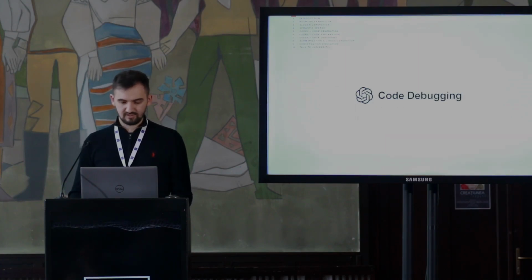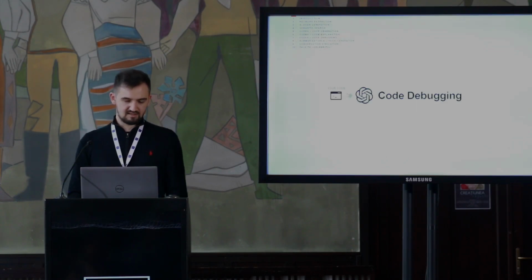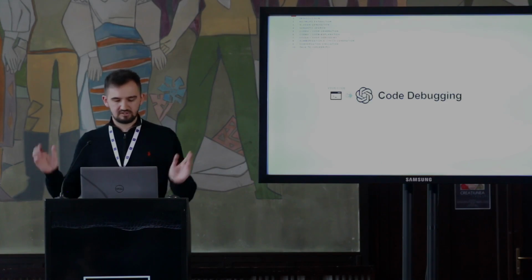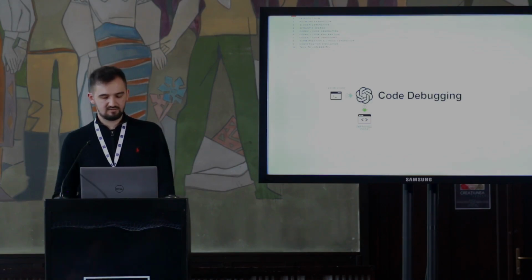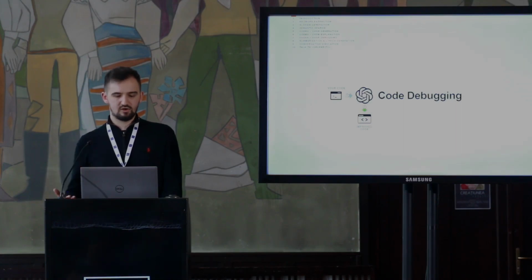Finally, for Codex, we have code debugging. I think it's pretty straightforward. Let's say we have some source code that is buggy and we cannot find the mistake in our code. We can input that specific code into Codex, and it will generate the corrected code.